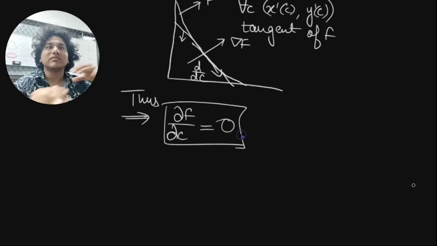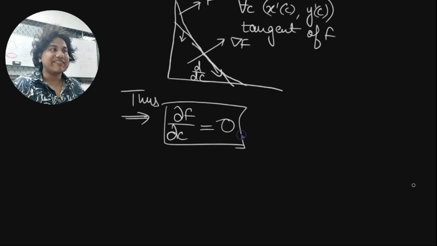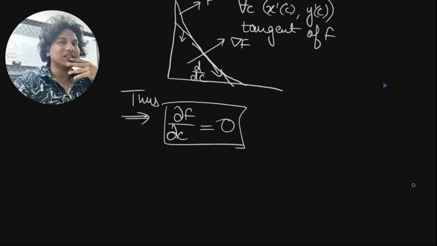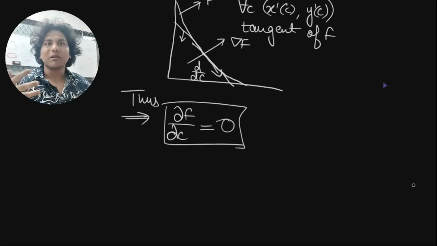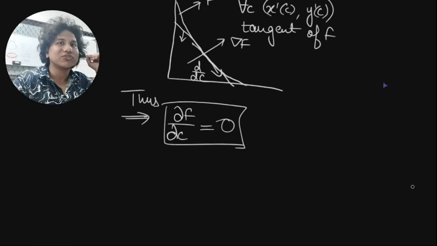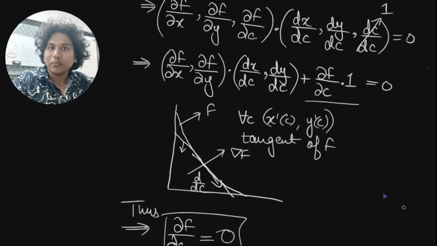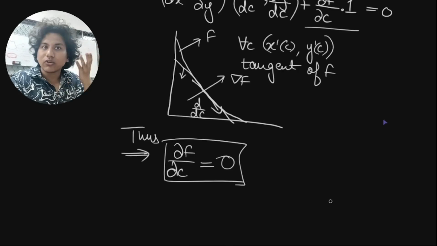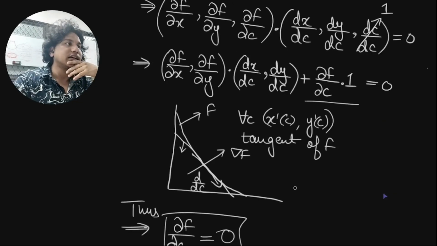This was just to show where I went wrong. Of course, the result came out to be the same, which was not good because that basically confirmed my bias and showed I was not able to correct myself. But I hope I was able to convince you why ∂f/∂c is still 0. And of course, from here you can carry on the derivation as I did in the last video.